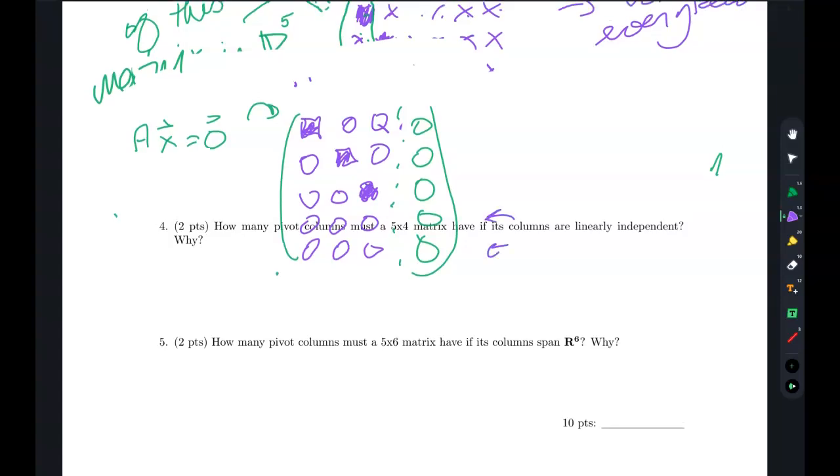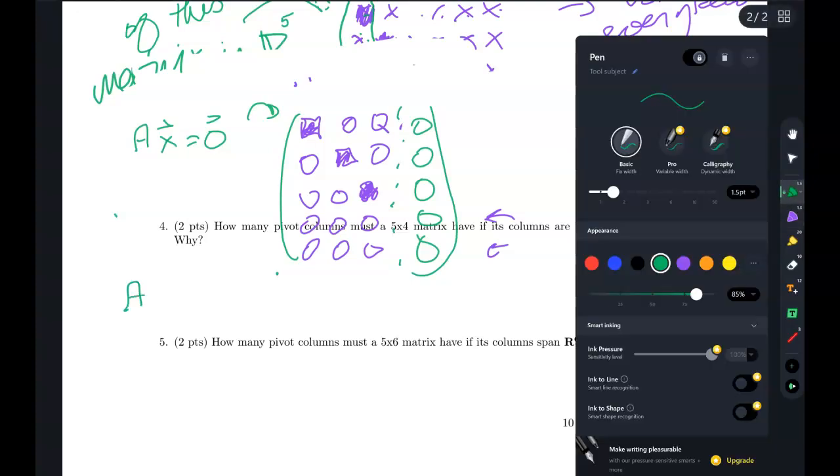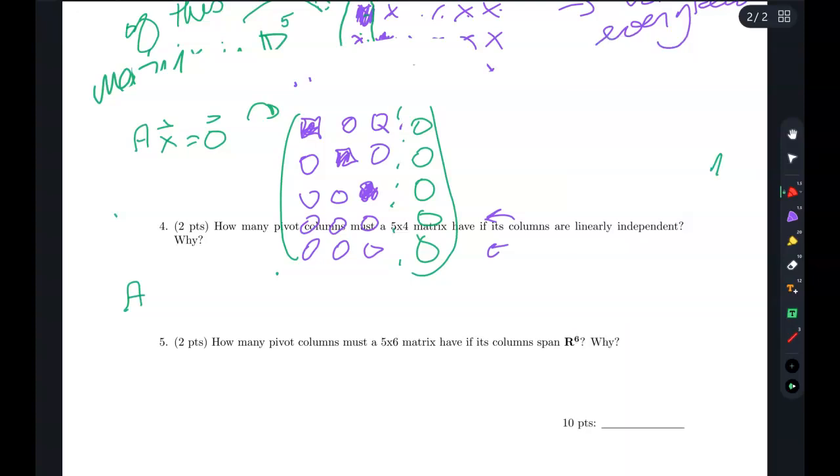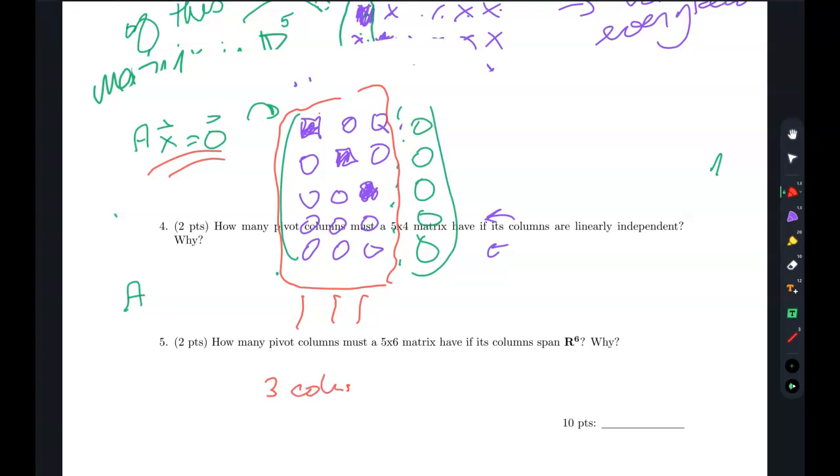That must mean there's a free variable, right? No, you have to always take into account context. So the matrix A would be like this, and this is augmented with 0. The matrix A has 3 columns.